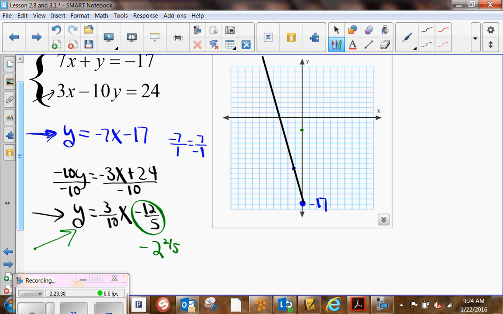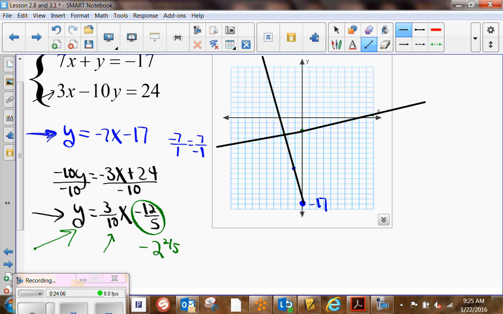And then from there, I'm going to go up 3 over 10. So 1, 2, 3 over 1, 2, 3, 4, 5, 6, 7, 8, 9, 10. So this line is going to be up to here.